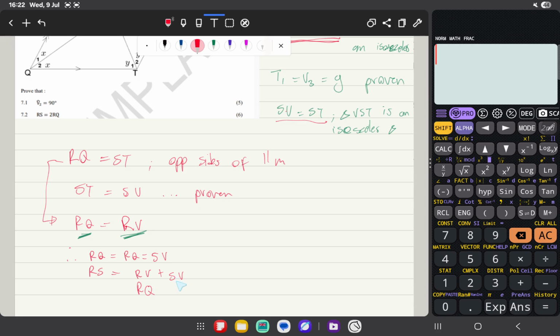What is SV equal to? We have ST, which equals RQ, and ST equals SV. That means SV equals RQ. So then I'll go plus RQ, therefore RS equals 2RQ.